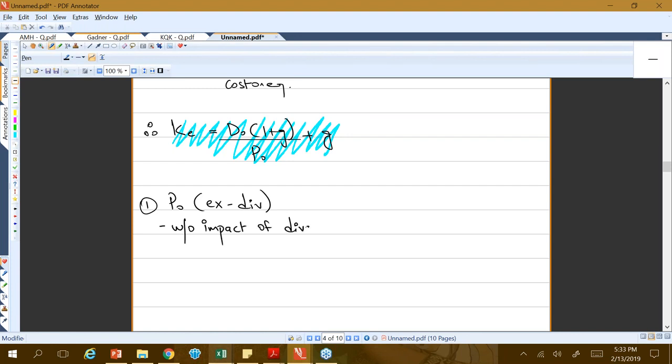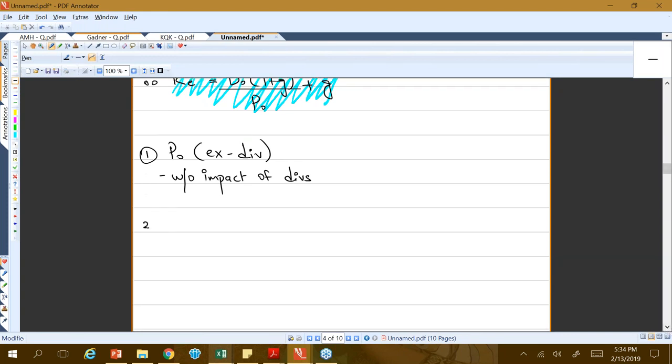Because if the share price is cum-div, then it includes the impact of dividends and it is an artificially raised share price. We don't want that share price. So for our calculations here, we're always looking at ex-div share price, which is without the impact of dividends. If I see a cum-div share price in a question, I will show you how to make it ex-div.